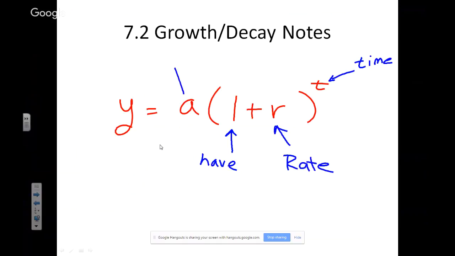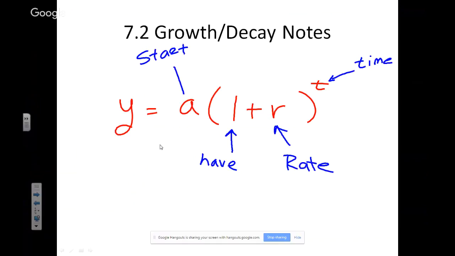This is going to be the start. So this tells me we have one whole part, but how many parts do we have? If I say we have one whole part, but that part is like $500, that's what our a is. One here means one account.